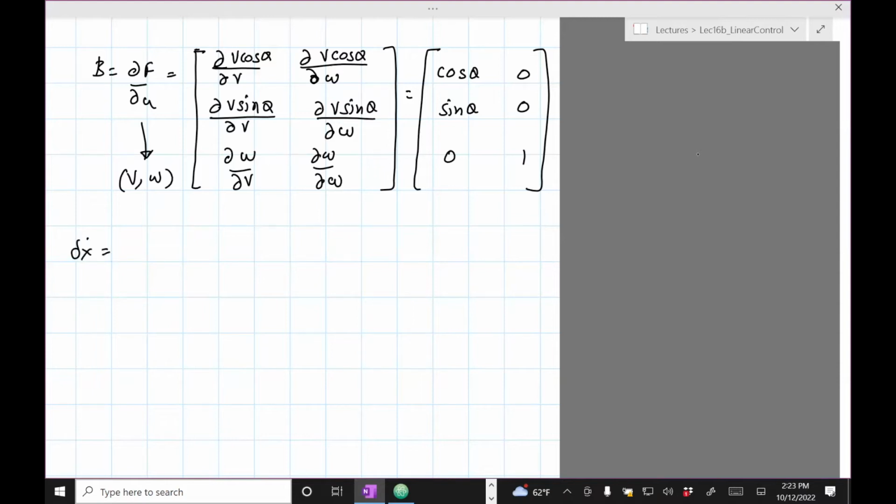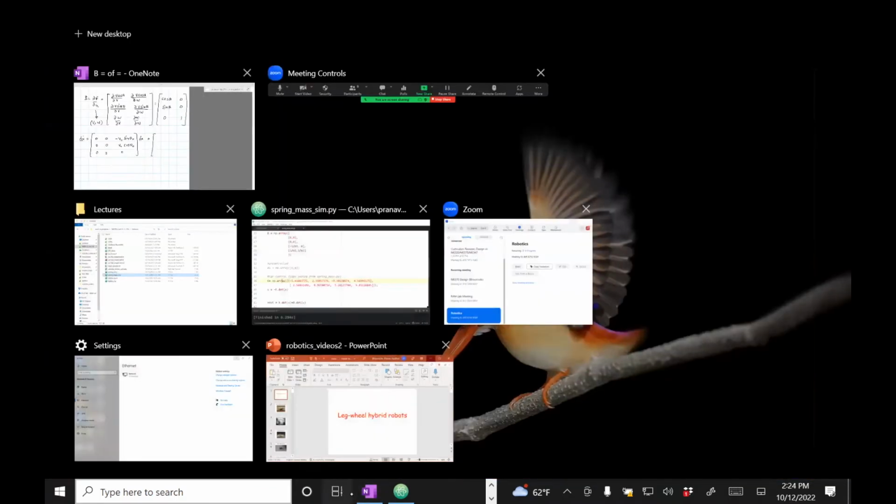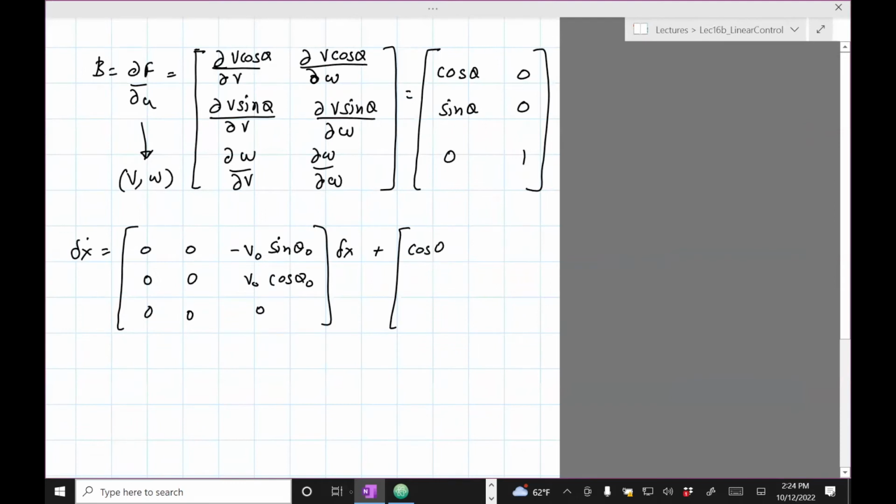So we have dx dot equals the matrix 0, 0, minus v0 sine theta 0, 0, 0, v0 cosine theta 0, 0, 0, 0, times delta x, plus cosine theta 0, sine theta 0 times delta u.